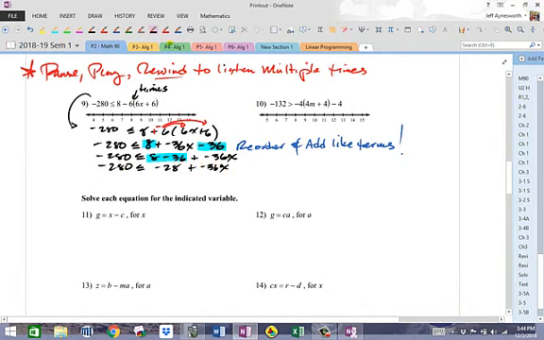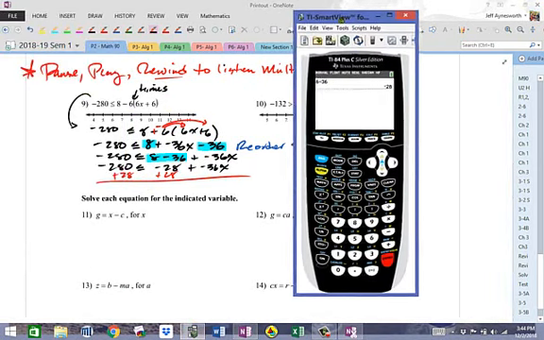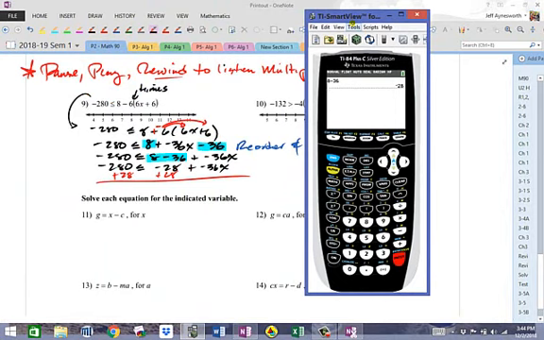Okay, now add the opposite. The opposite of negative 28 is 28. Now let's say you have $28 in your pocket, but you owe somebody $280. That's a big debt, right? You can't pay off your debt. If you have 28 bucks in your pocket, you can't pay someone 280 bucks.